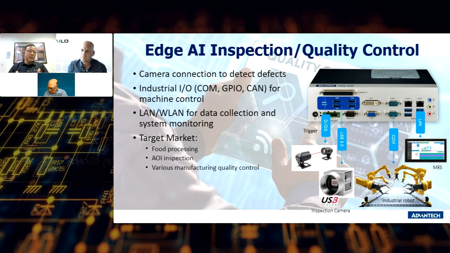Now in this, the wireless communication or the hardwire communication allows the system to continue supplying those data to the data center and at the same time receiving updates to the deployment model as necessary. So we look at food processing, AOI inspection, and manufacturing quality control for different manufacturing applications, which is something that we do see happen very often.